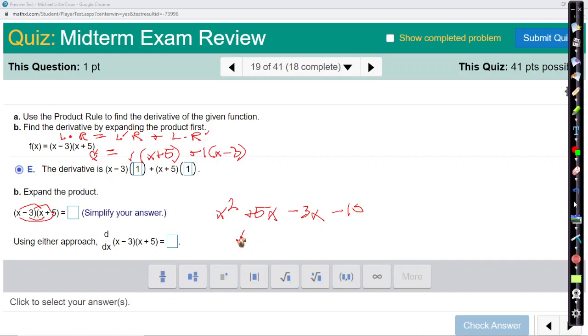And so that gives us x squared plus 2x minus 15. So that's what we can put there. And notice when we're done, we'll get 2x plus 2 if we expand out there. So it'll work both ways.